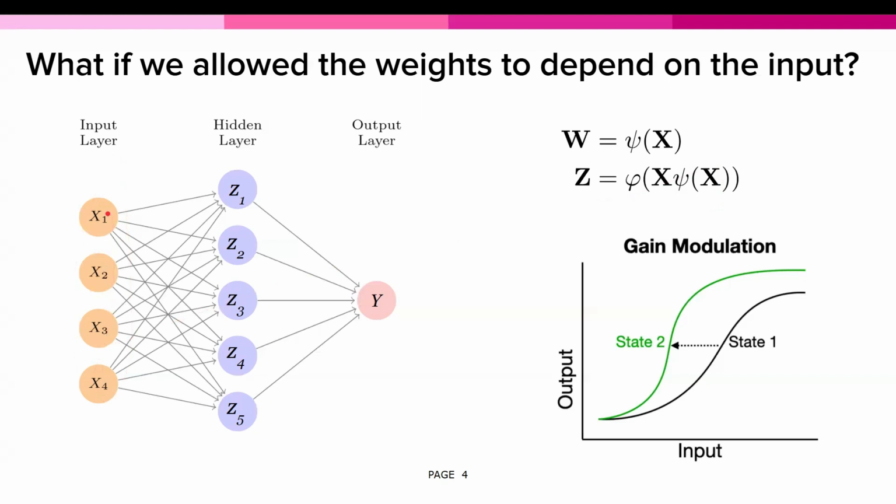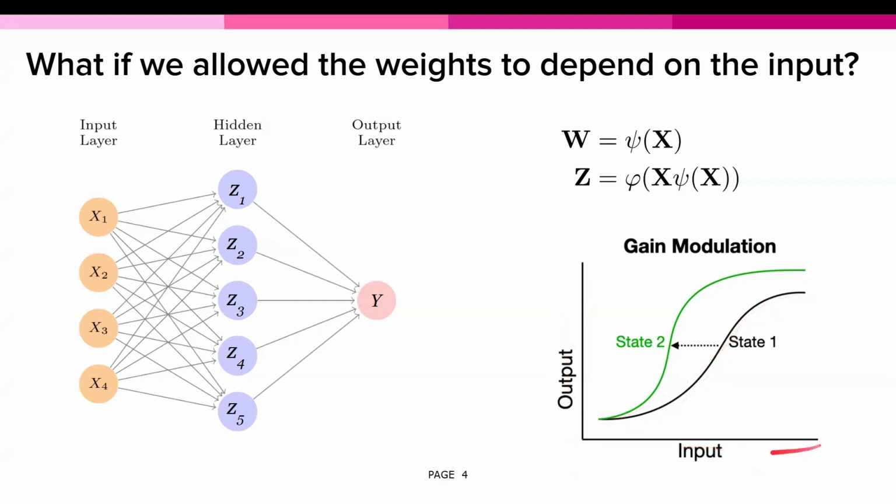This more general case that we're considering now is going to allow us to do some really interesting things. One type of behavior that we might see is something like gain modulation. Depending on the context that we're in, for example, in one context, a particular input might cause the output of the neuron or the activation to follow some curve.